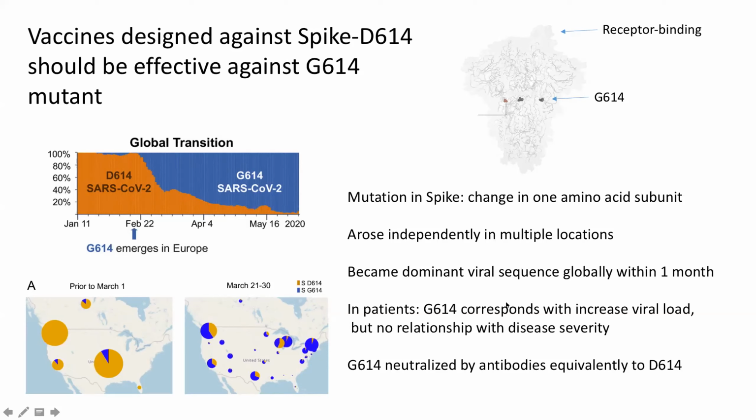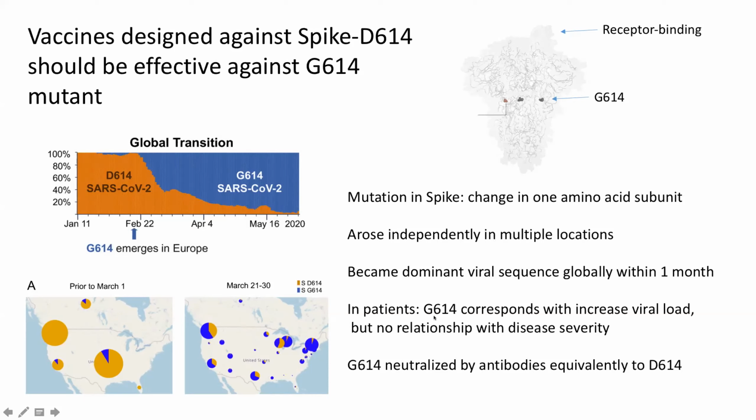With this mutation, these patients have an increase in viral load, so they have more virus when they detect virus in their respiratory tract, but this has no relationship with disease severity. Even though they have more virus, it's really not causing any worse disease.